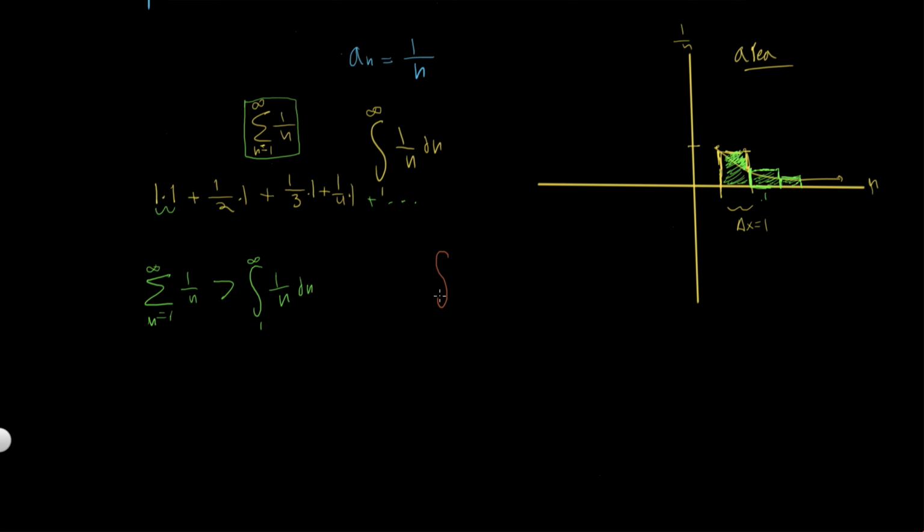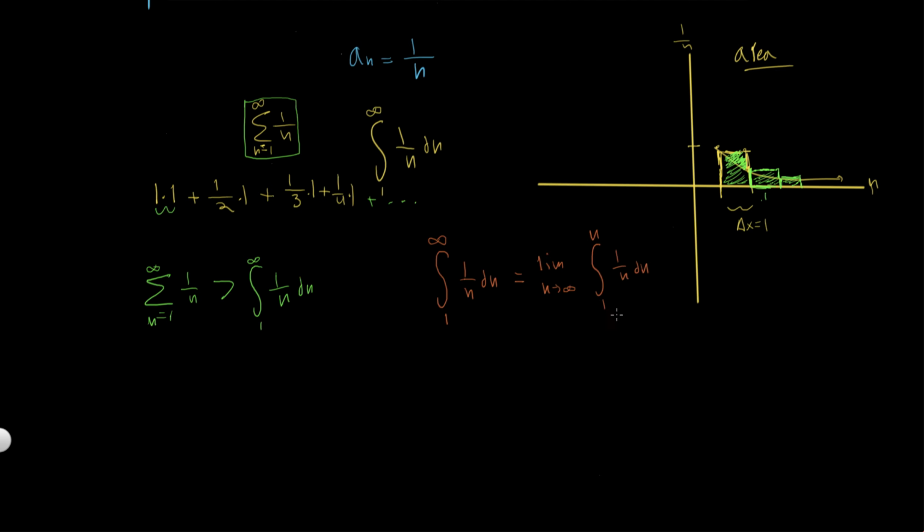We can rewrite this as the limit as n, again this is an improper integral, right? So we have to write it with limits. The limit as n goes to infinity of the integral of 1 to n of 1 over n dn.